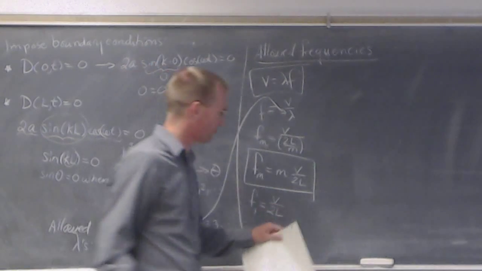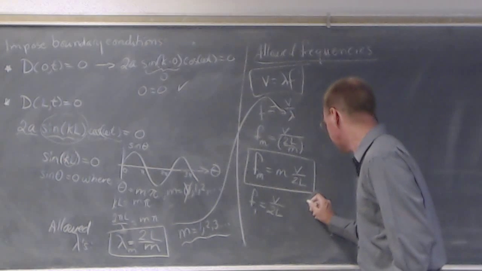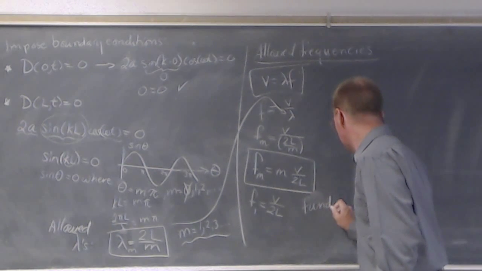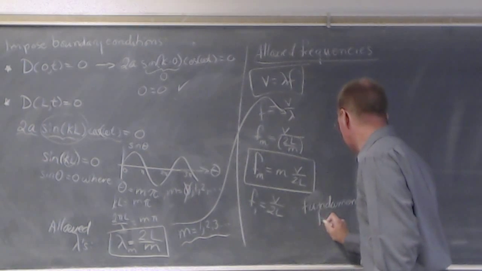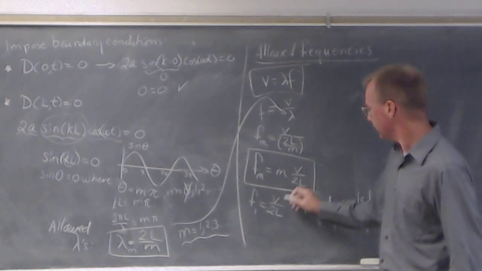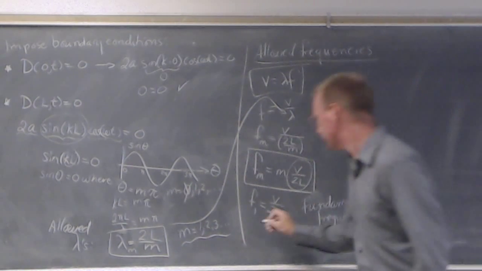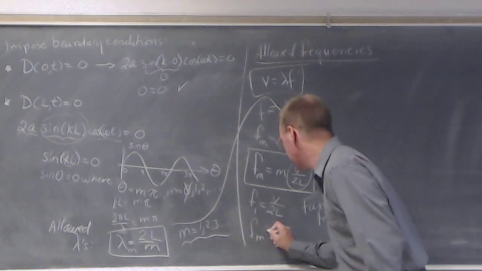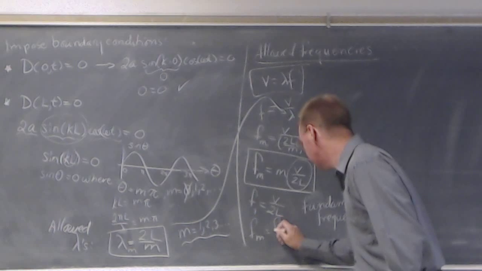This is the lowest frequency. Because it's the lowest, it's called the fundamental frequency, which means that all of the other frequencies can be written as multiples, m times the fundamental.